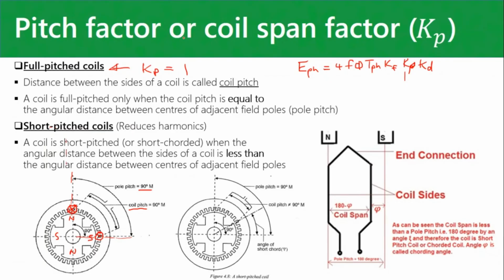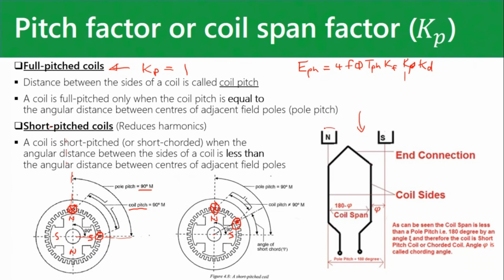So now you see here, now we pitch them like this. Then the other side of the coil, for example, is over here. So it's not under the adjacent pole anymore. It's short pitch. So it looks like this.